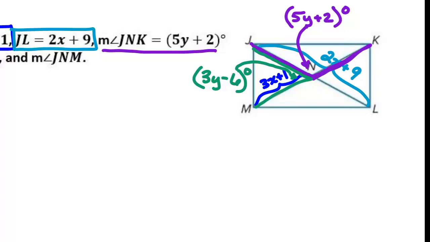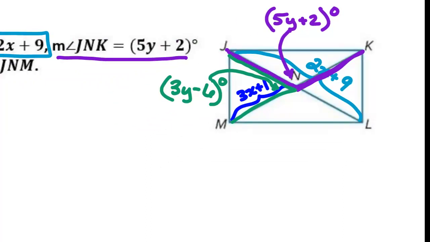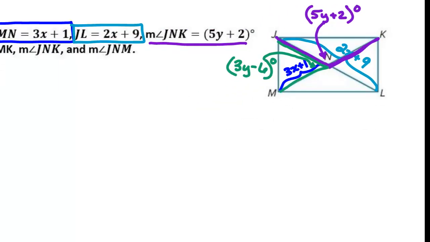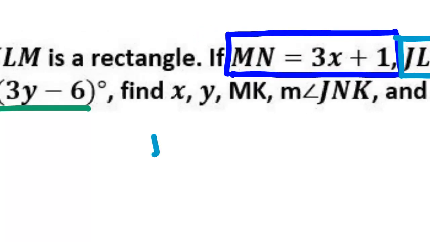So let's find x first. I know the entire diagonal JL is 2x plus 9. And I know that MN is 3x plus 1. How much of a diagonal is MN? Half. It's half of which diagonal? NK.